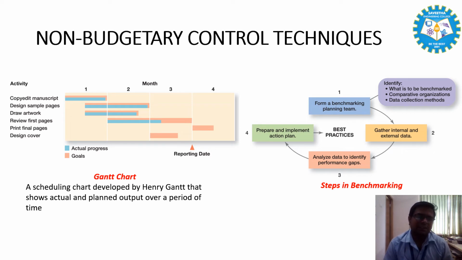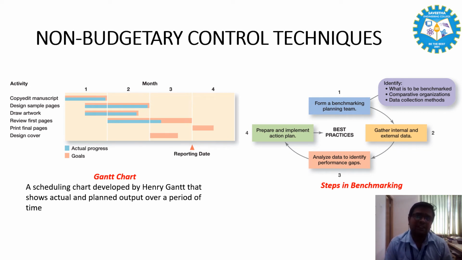The next one is the Gantt chart. It is a scheduling chart developed by Henry Gantt that shows actual and planned output over a period of time. For example, this chart shows the actual and planned output over a period of time.